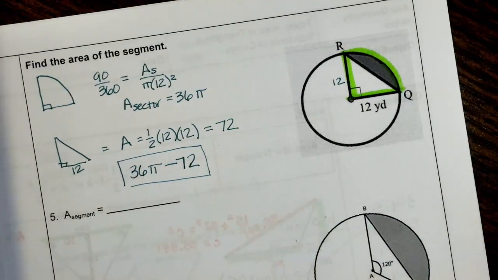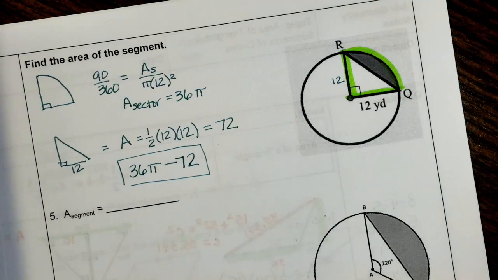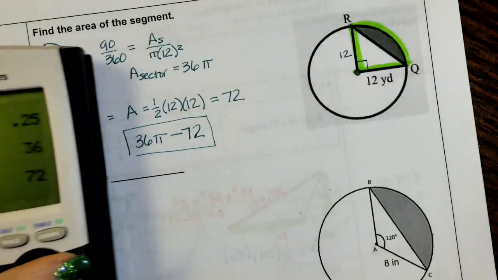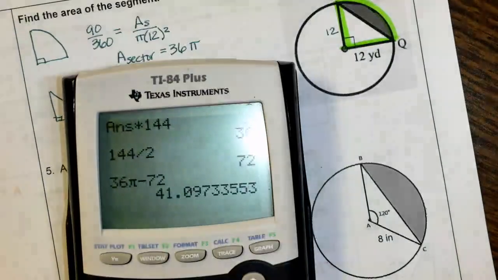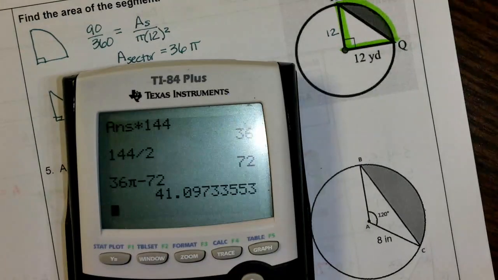That's your answer. So it looks pretty ugly, but you can get an approximate answer: 36 pi minus 72. Always make sure that it's positive, right? 36 pi minus 72 is 41.09. So you just want to make sure that you don't end up trying to take away more than you have.